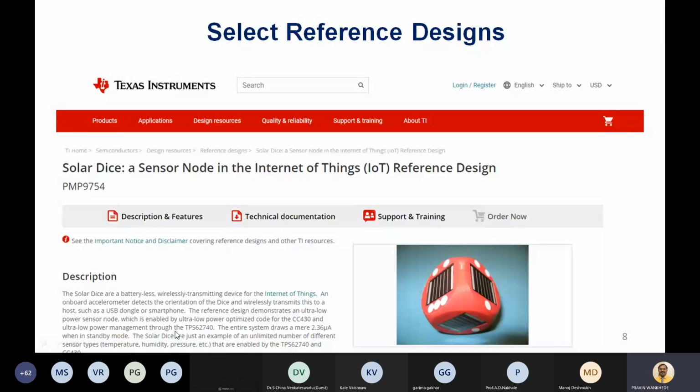Their reference design has the complete circuit diagram with PCB layouts available. Whichever part is needed for you, you keep in your design and discard the other things. So obviously it is going to speed up your development process. I hope you are understanding what I am saying here.